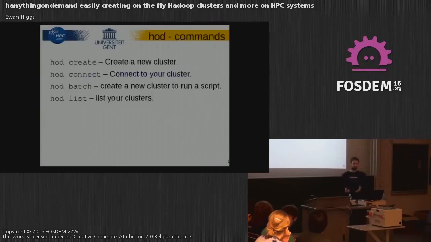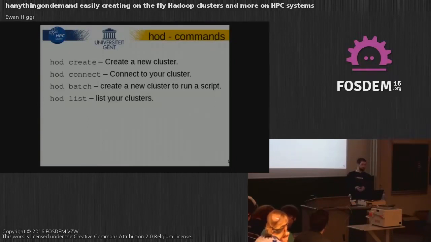So the basic overview is to create a cluster. You're on your HPC system. Instead of qsub or csub or msub or whichever you use, you use HOD create, after you've loaded the HOD module, if you're using a module system. Once it's been created, it goes through the queue and then it spawns, and you can connect to it like any Hadoop cluster, and then from there you can use yarn jar, the job submission system.